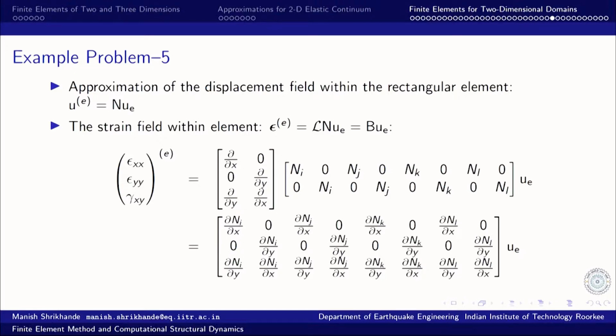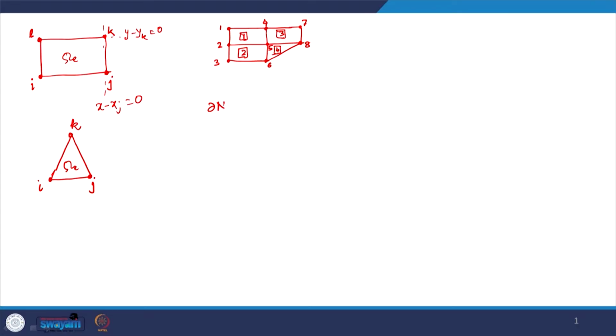Now, the first derivative is of course a function of y and the denominator. So, just to tell you, del N_I by del x, what is required here, is simply equal to (y minus y_k) divided by (x_I minus x_j)(y_I minus y_k).